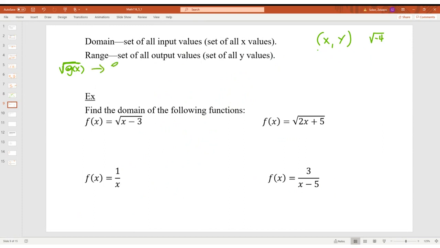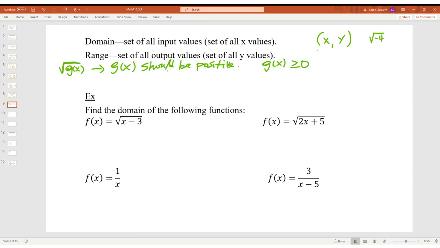It should be positive, or it cannot be negative. What this means is g of x should be greater than or equal to 0. Any expression inside the square root should be greater than or equal to 0. If it is less than 0, it makes the expression undefined or imaginary.